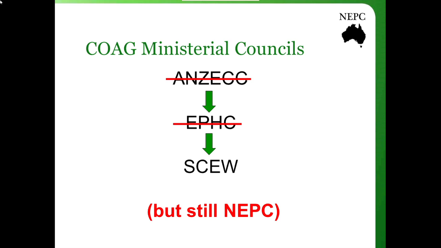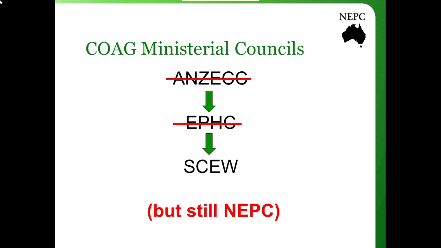So SCEW, the Standing Council on Environment and Water, is our current ministerial council. That's where the information on the NEPM will be housed, or where the links are. The NEPM is actually made by NEPC, which is the National Environment Protection Council. They are the people who make and who have the power to amend NEPMs.